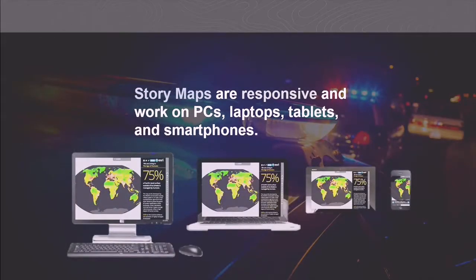I see analysts or law enforcement agencies primarily using the story map journal, which I think is most analogous to a briefing book, or the story map series, which has a series of tabs that let you go from piece of content to piece of content. One of the things that I think is particularly important for law enforcement agencies is that story maps are built using a web developer concept that's called responsive design. What's important about responsive design is that the app knows what size device it's being viewed on.